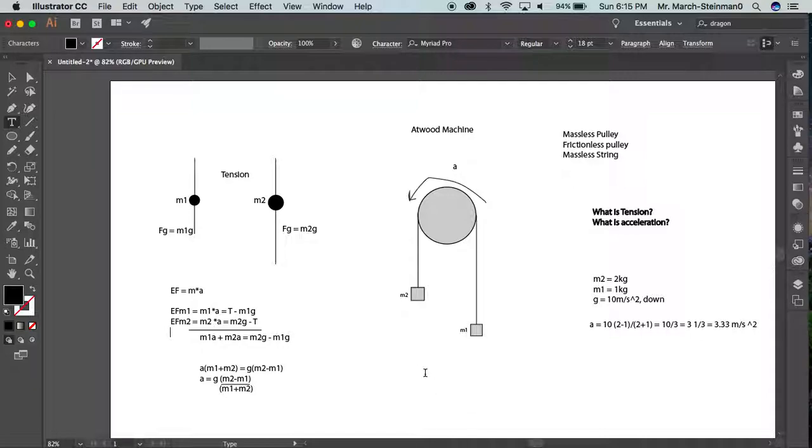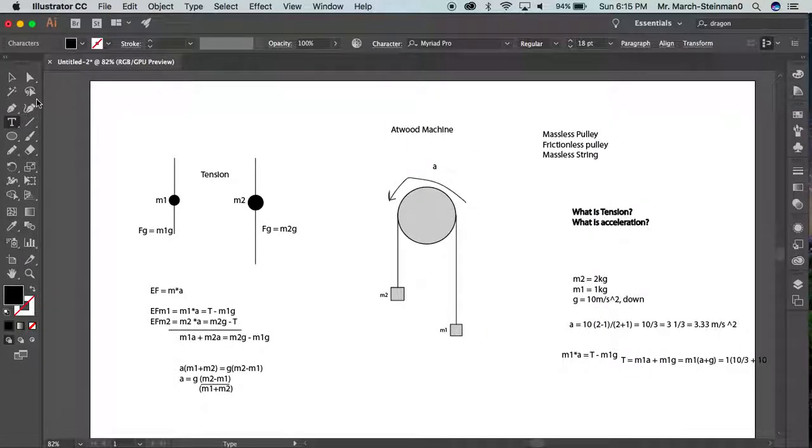So if I copy this and I paste it, I can see that I'm going to end up getting, if I isolate the tension, tension is equal to m1a minus m1g plus m1g, which is equal to just m1 times a plus g, which is equal to 1 times 3.33 plus really 10 thirds plus 10, which is equal to about 4 thirds.